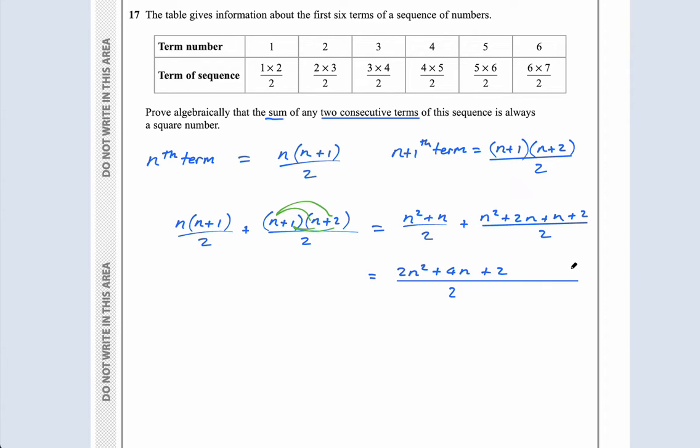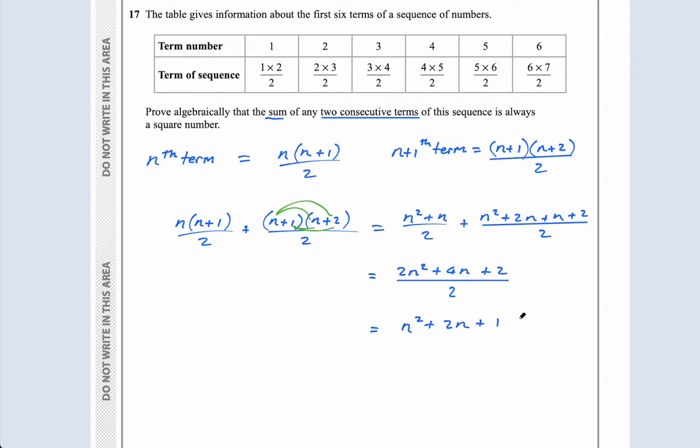Okay, nearly there. What can I do? I can divide above and below by 2 to simplify this. So I'm going to divide everything by 2. This becomes n squared plus 2n plus 1.